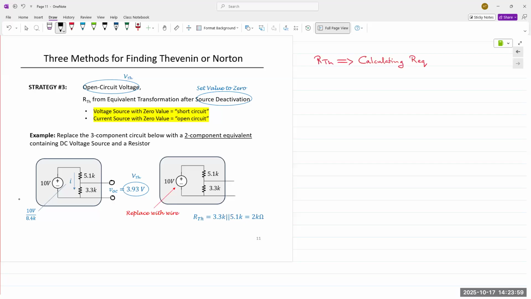That's not what it means in this sense. Deactivating a source or reducing its value to 0 means something else.